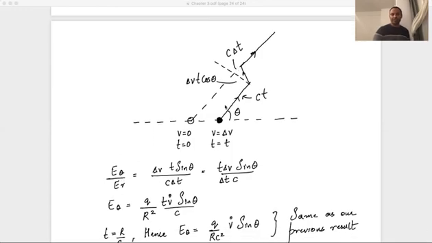So I want E theta, which is the electric field along this line here, divided by E_R, which is the radial component of the electric field, right? I'm just solving this right angle triangle. E theta by E_R is equal to that side of the triangle, which is delta V times t times sine theta, divided by this side of the triangle, which is just c times delta t.